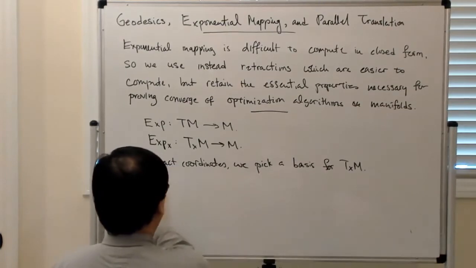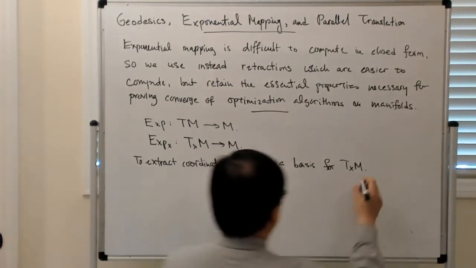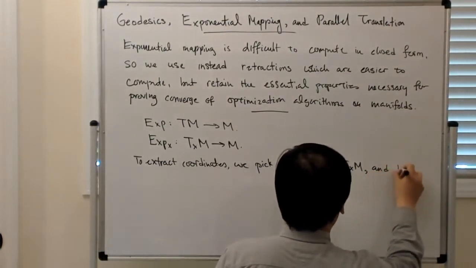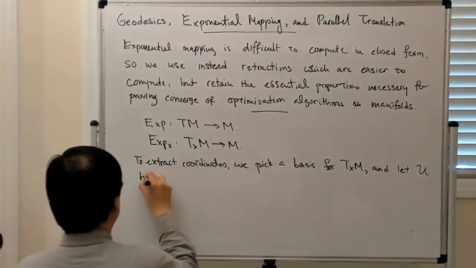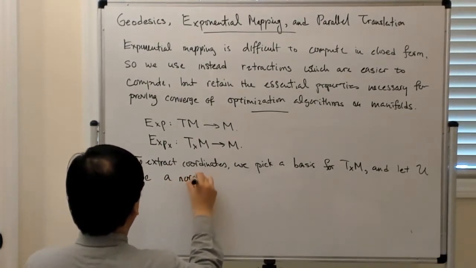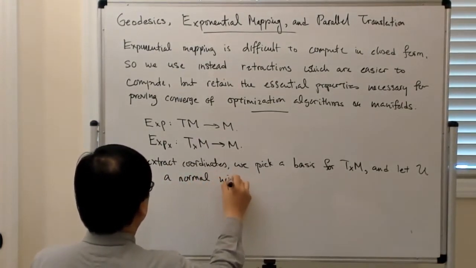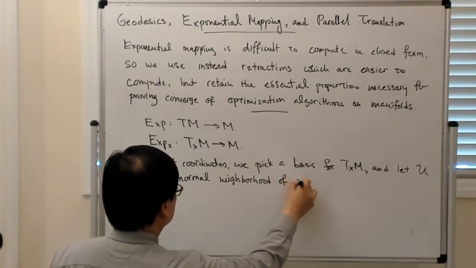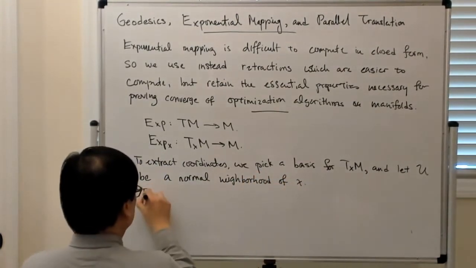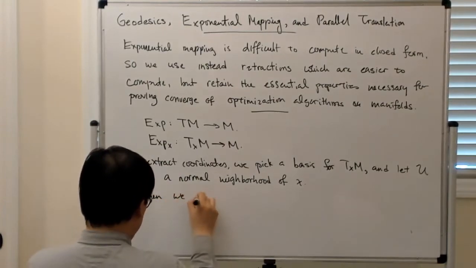Before I do that, you extract coordinates by picking a basis, and let U be a normal neighborhood of X. Then we can define a chart.